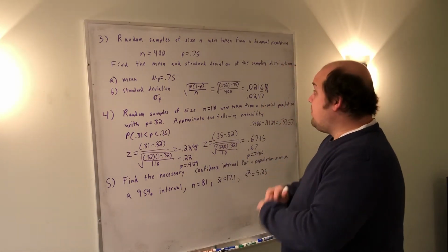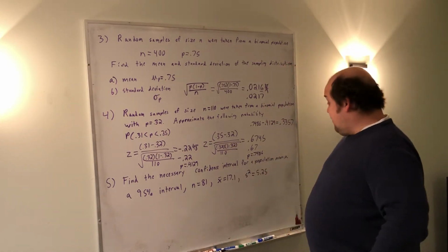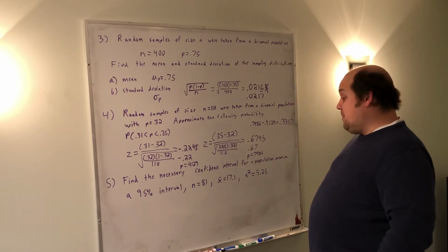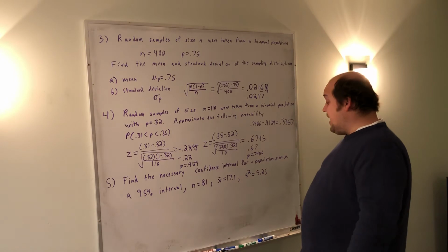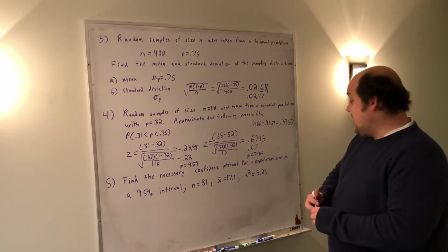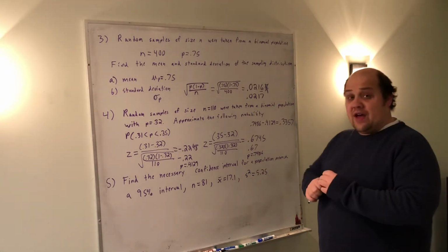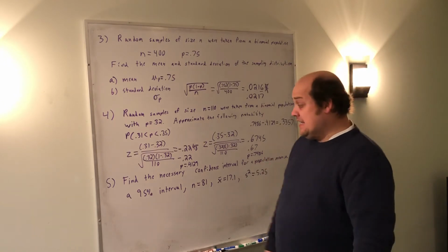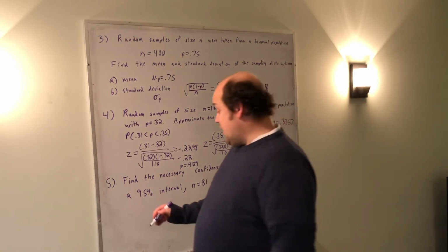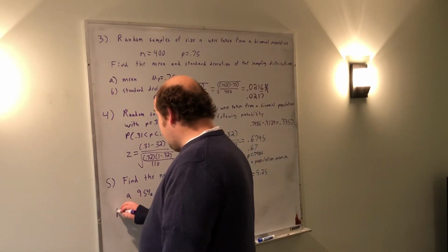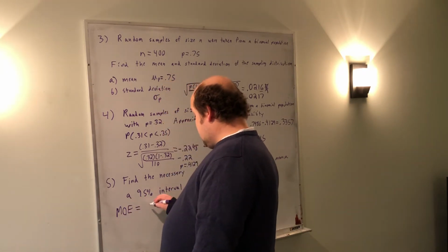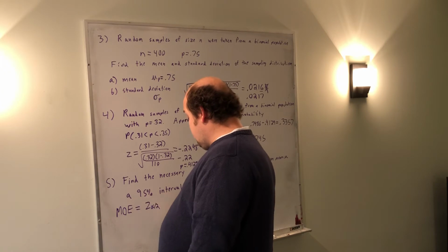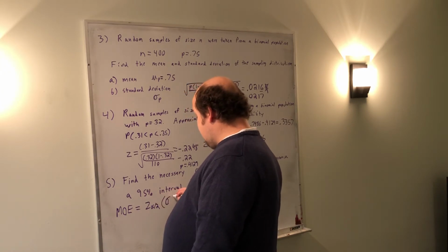For the final problem here, find the necessary confidence interval for a population mean mu if it's a 95% interval where n equals 81, x bar equals 17.1, and s squared equals 5.25. First thing I need is my equation for the margin of error. So the margin of error, or as I call it, the MOE, equals z alpha over 2 times sigma over the root of n.